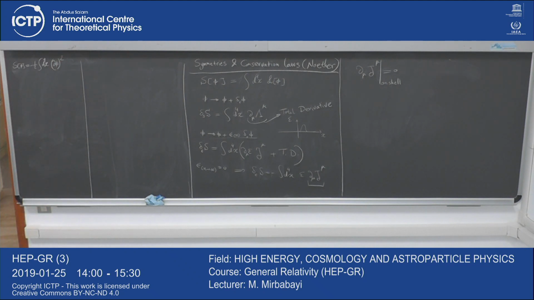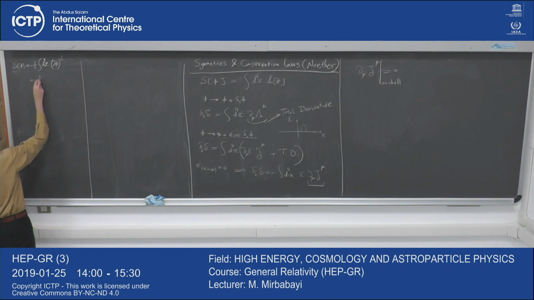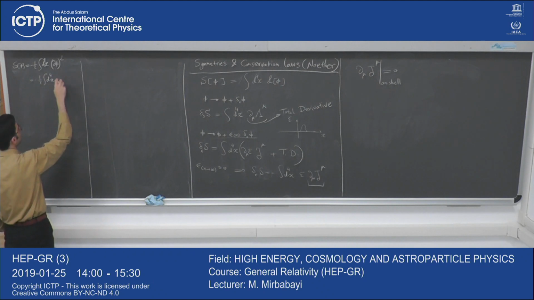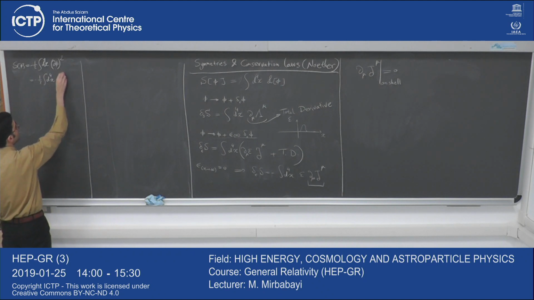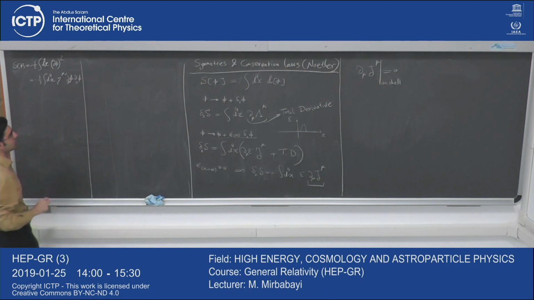Free massless scalar. And (∂phi)² is the shorthand notation for η^{μν} ∂_μ phi ∂_ν phi.